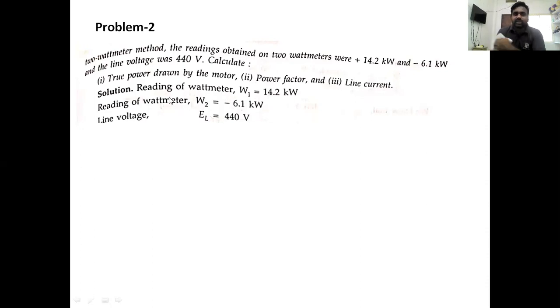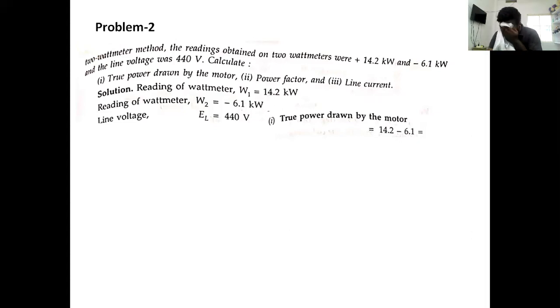So first in the question, we need to calculate true power. How can we calculate true power? If we sum W1 plus W2. The value of W1 is 14.2 kilowatts, and W2 is minus 6.1 kilowatts. So 14.2 minus 6.1, what is the answer?